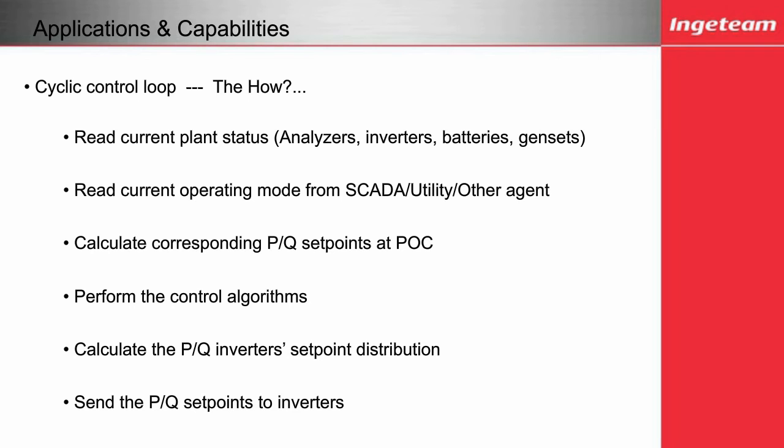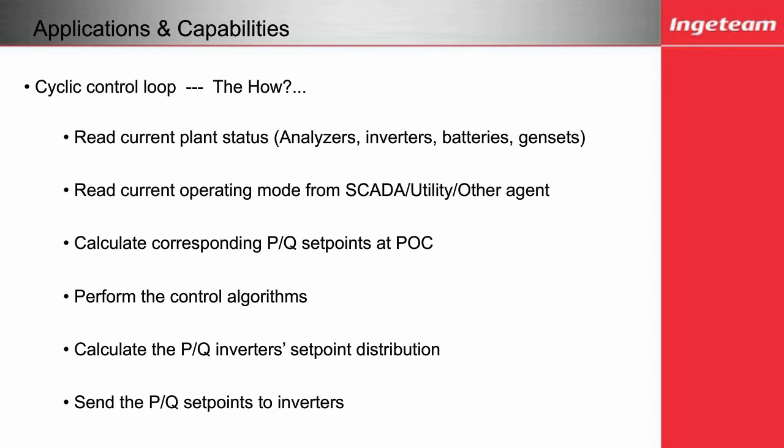Then, when the SCADA or the utility operator is going to send a different operating mode, it sends it into the plant via the plant controller. That plant controller is going to calculate in its algorithm the new set points that need to be met at the point of interconnect and run the control algorithm, finally sending each individual inverter the command of what it needs to do until each inverter is met at the new set point.